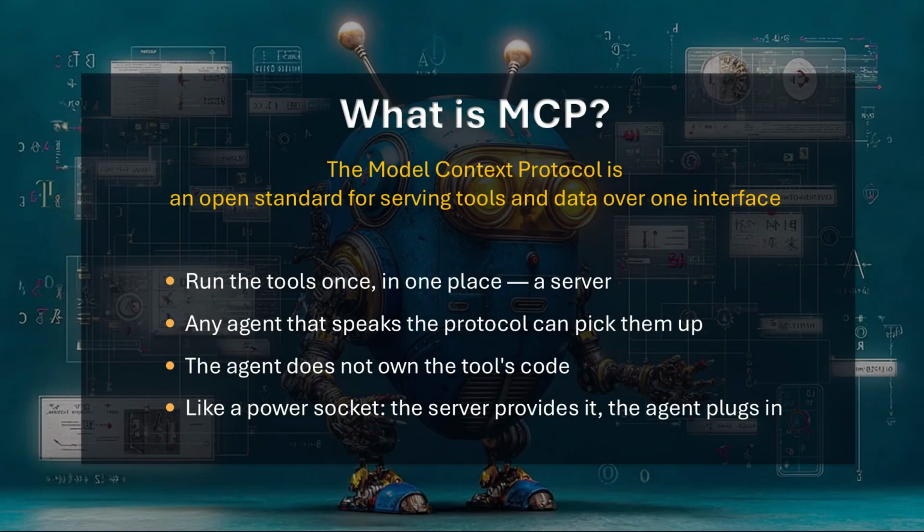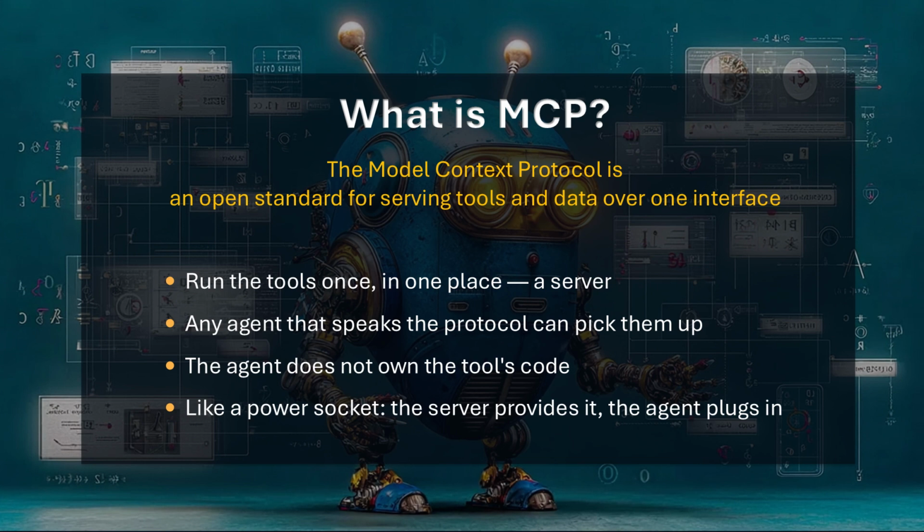So what is MCP? The Model Context Protocol is an open standard for serving capabilities to agents, tools, data, and more over one shared interface. In this demo, we focus on tools. You run them once, in one place, and any agent that implements the protocol can use them.